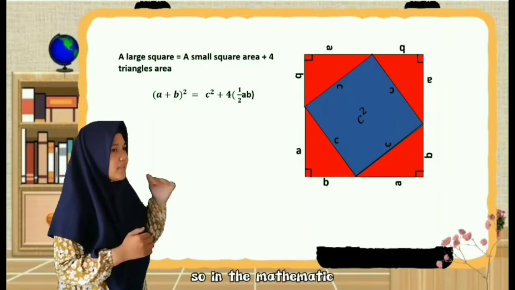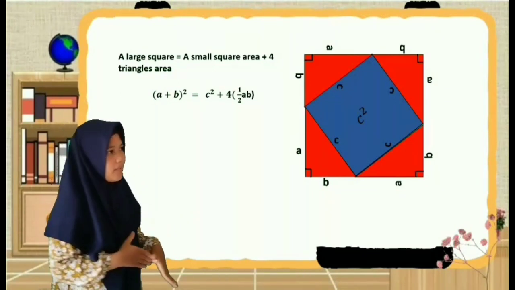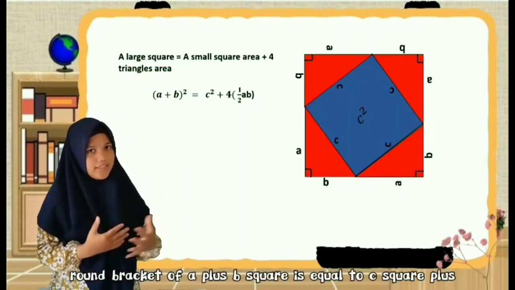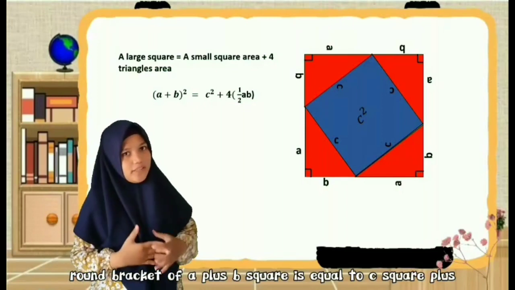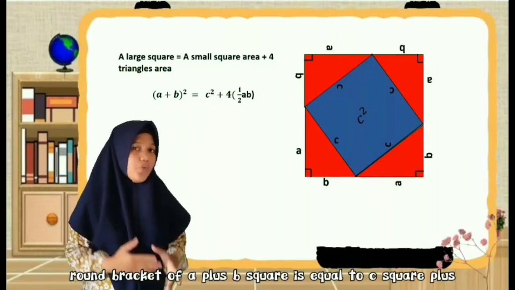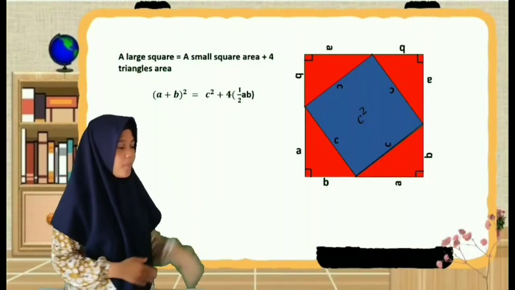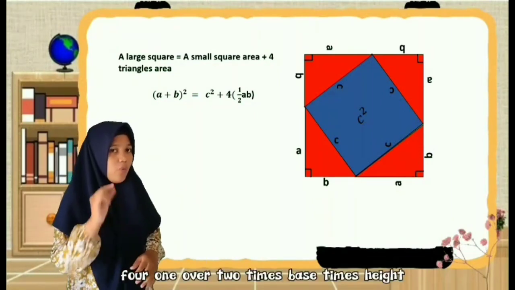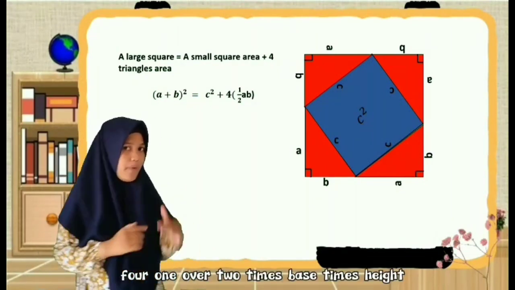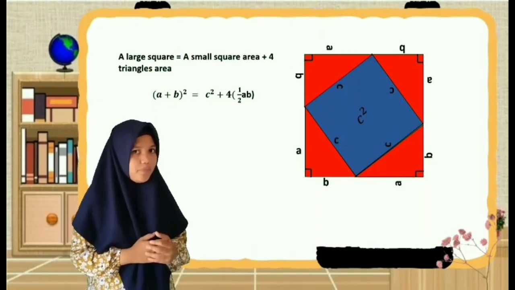So in mathematics we can write (a plus b) squared is equal to c squared plus 4 times 1/2 base times height.